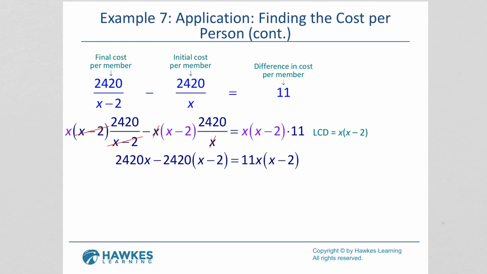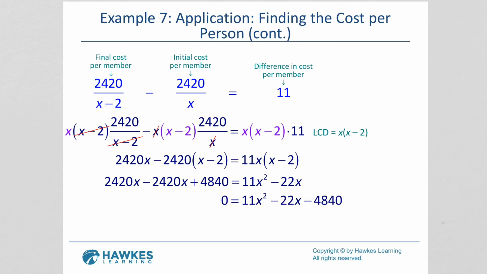So on the left, we have 2,420x minus 2,420 times x minus 2, equaling, on the right, 11x times x minus 2. Multiplying everything out, that's 2,420x minus 2,420x plus 4,840 equals 11x squared minus 22x.